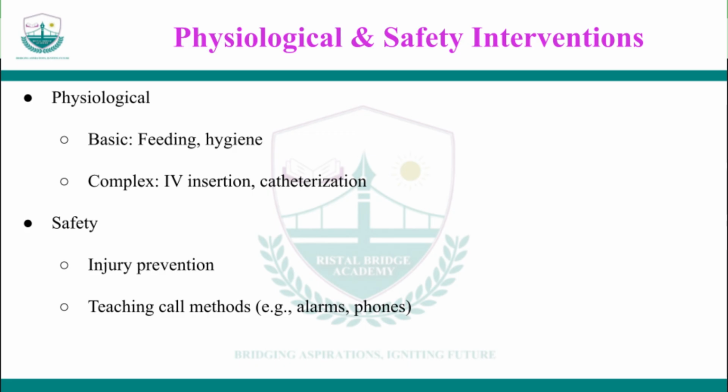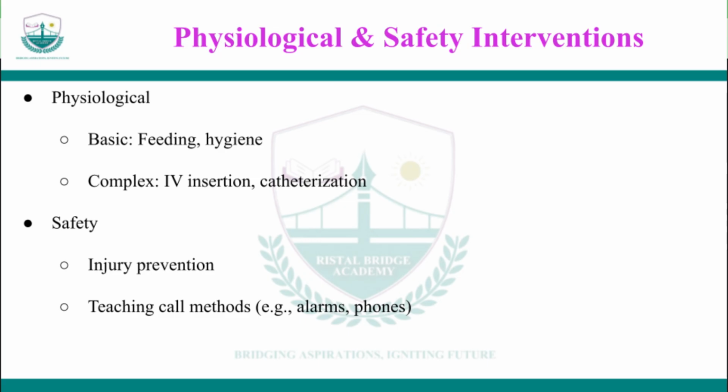Safety nursing interventions. These focus on patient safety and injury prevention. Examples of safety interventions include teaching assistance calling methods. The nurse may be far away. What is the patient going to use to inform the nurse about her state, or to tell the nurse that she needs her by her side?